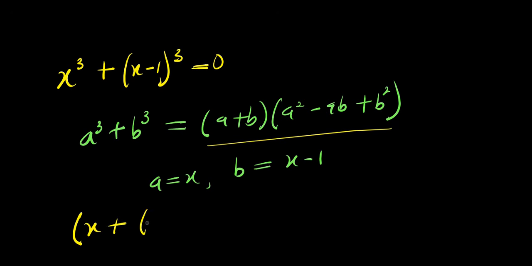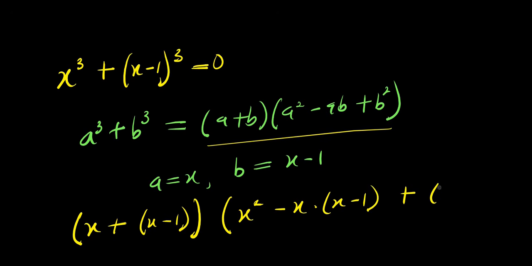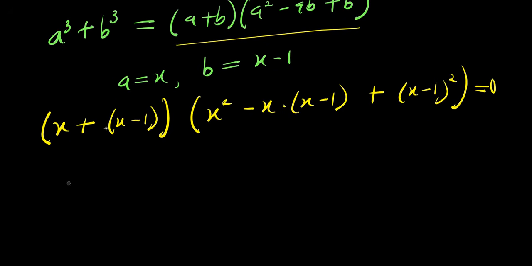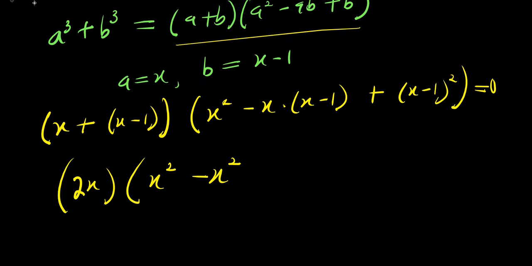This is (x + x − 1) times (x(x − 1) + (x − 1)^2) equals 0. x plus x, this is 2x, plus minus 1 here.